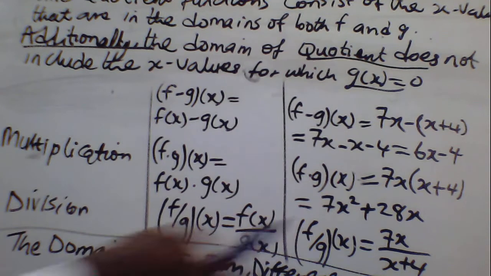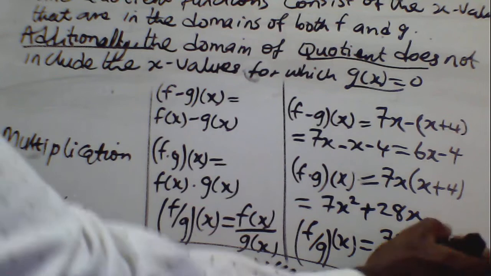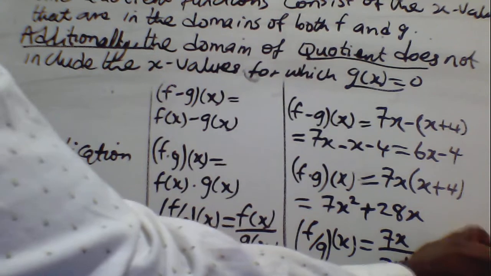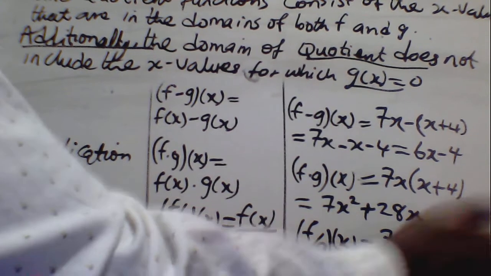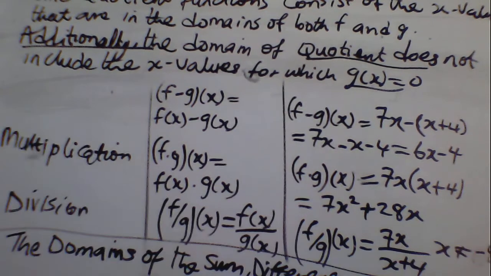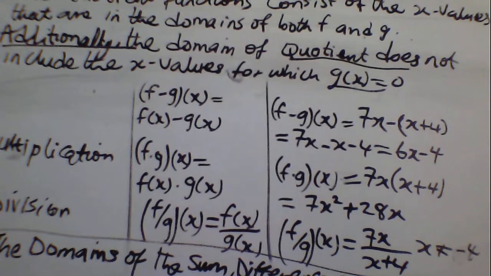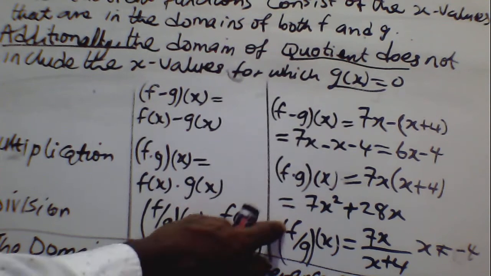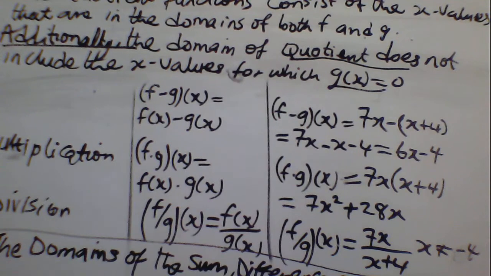For here, like this one, x is not equal to minus 4. Do you understand? In this case, if f of x has a domain of all real numbers, and g of x has a domain of all real numbers, we have to exclude minus 4.